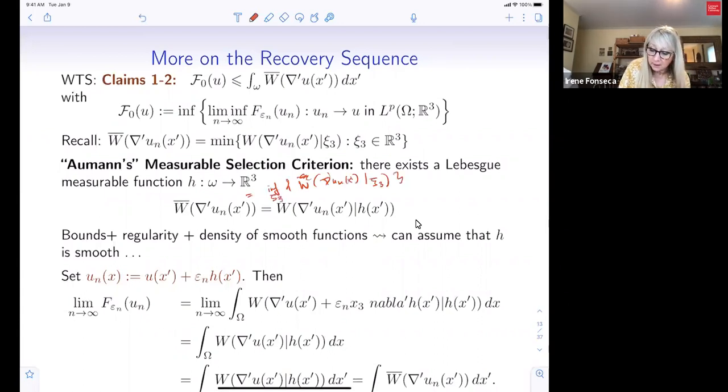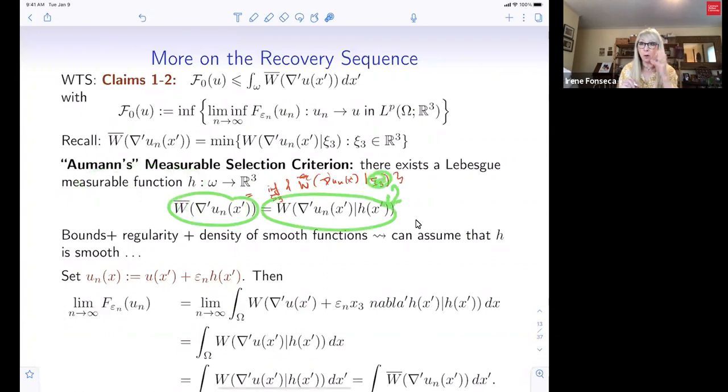So that means that this is achieved on columns which depend on x prime. They had better depend in a measurable way. So there is this very fine measurable selection criterion that says you can actually do that, and you can find a measurable function such that this is actually obtained in this way. So the c here is obtained as something measurable.